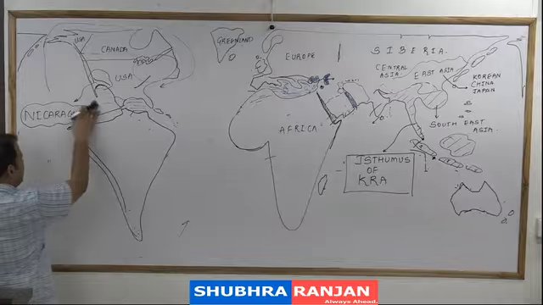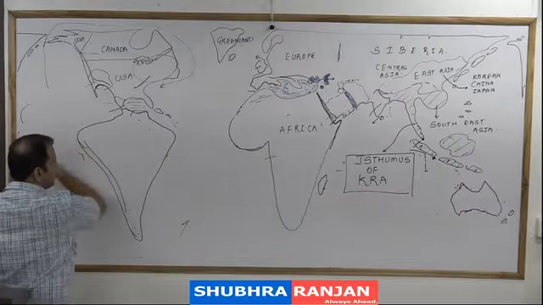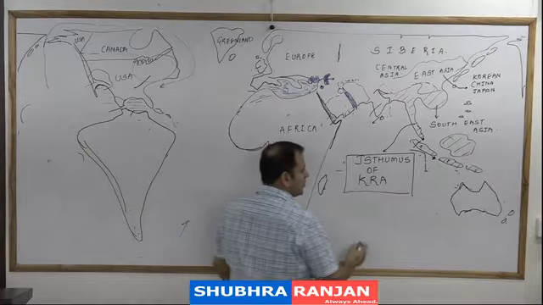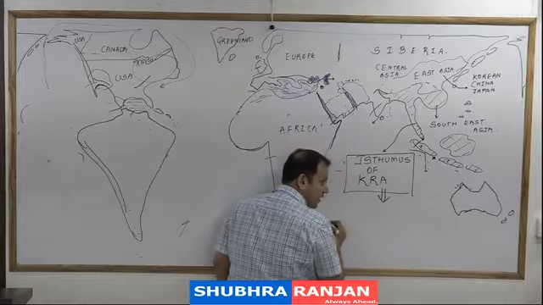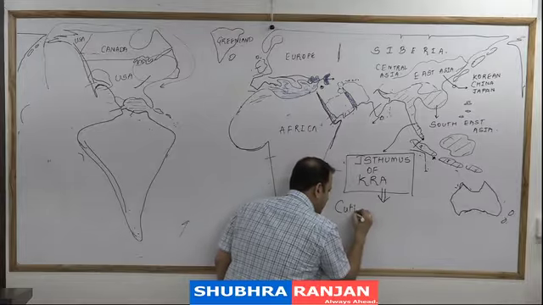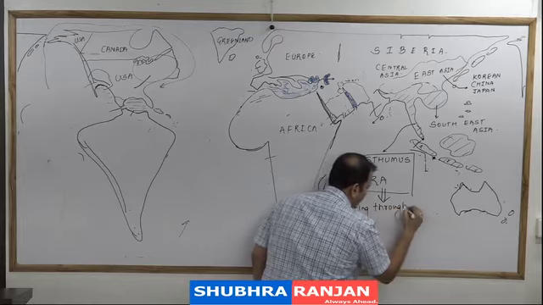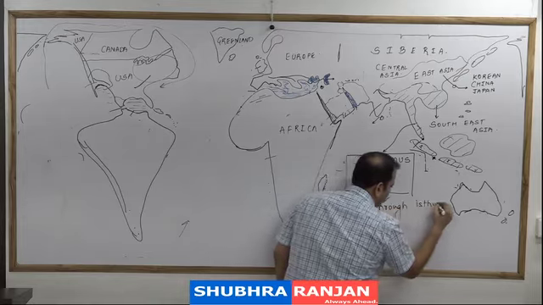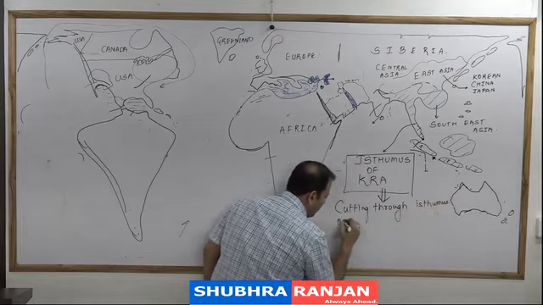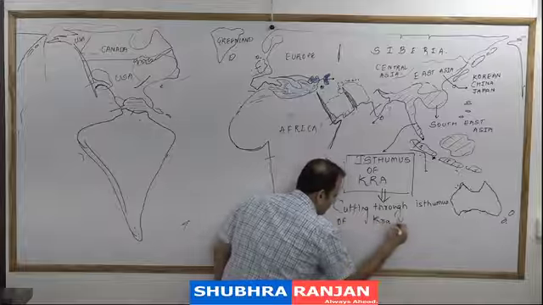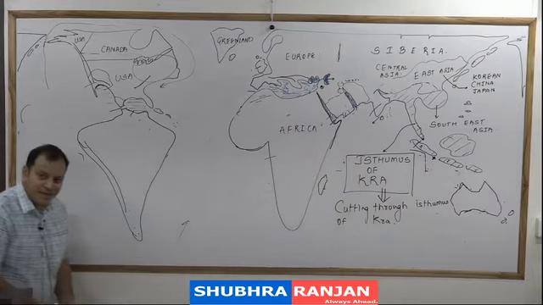The second such isthmus which is proposed is here, cutting through the isthmus of Kra. To reduce the pressure on which strait?